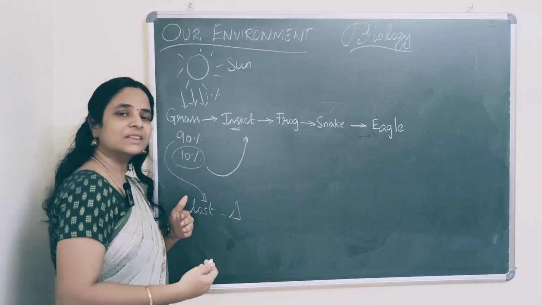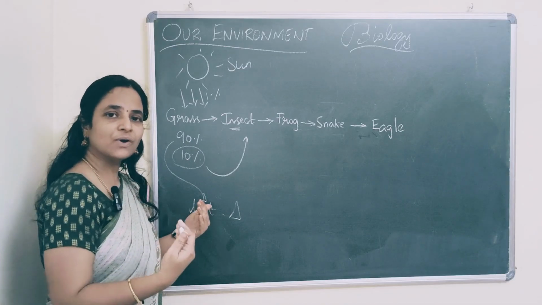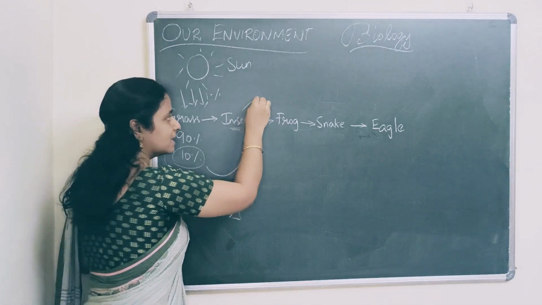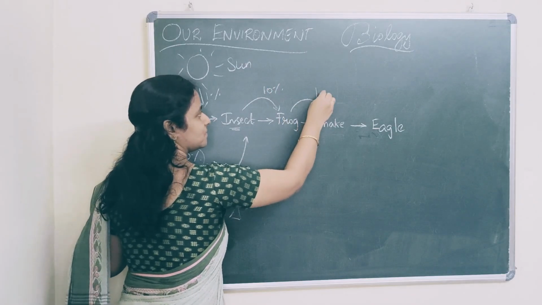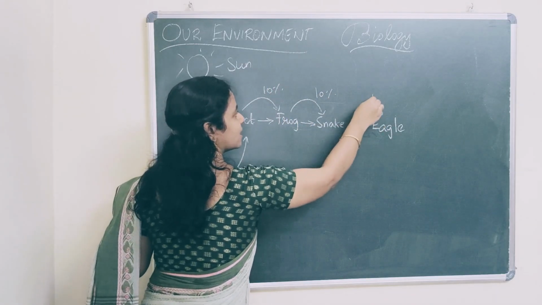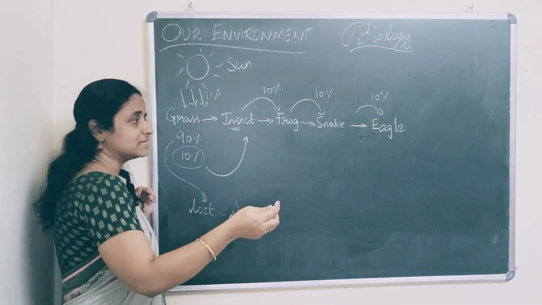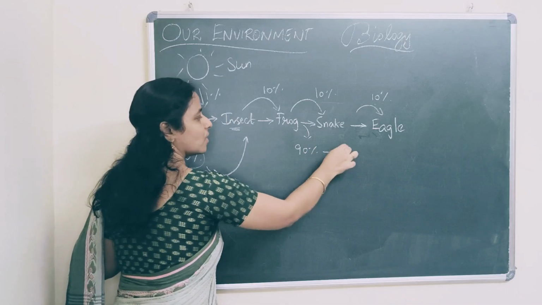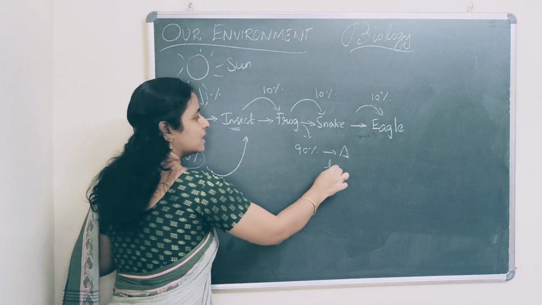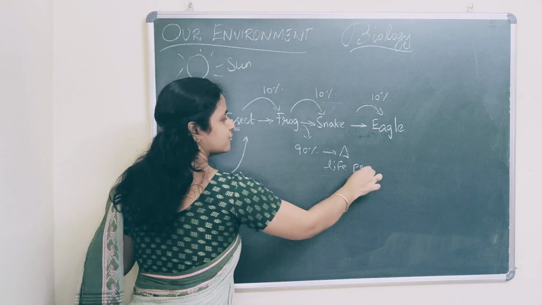So what will happen when the insect takes up the 10% energy? It will do all its functions and undergo all its life processes, and again only 10% energy is transferred. So throughout you can find only 10% energy transfer, and the remaining 90 percent of energy is lost in the form of heat or utilized for its life processes.